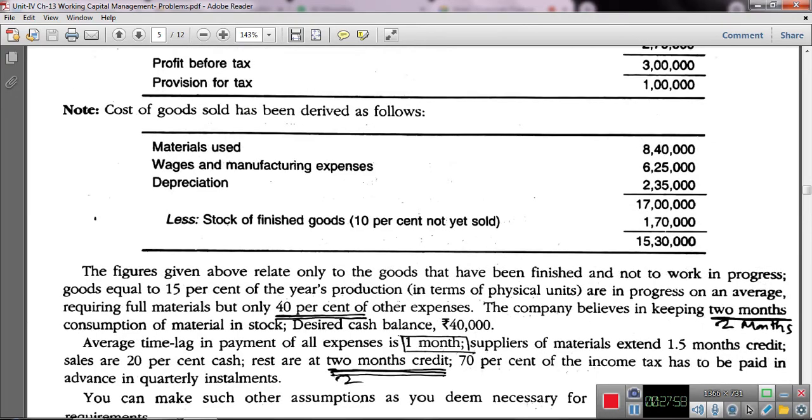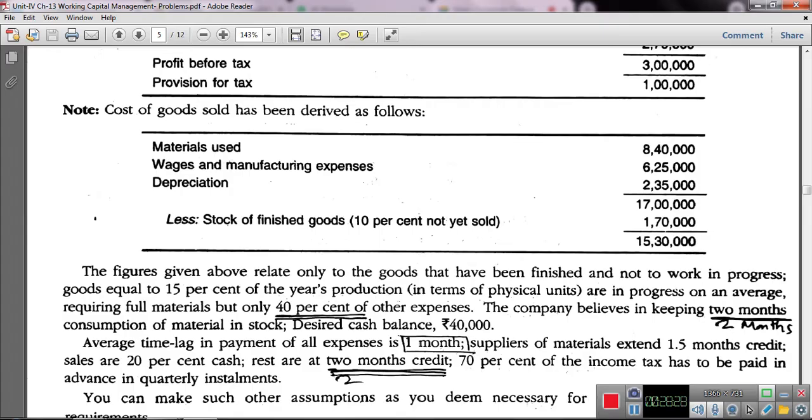Now please pay attention. Let me continue. We are now estimating the amount required to invest in stock of finished goods. Where does 1,70,000 come from? 1,70,000, 10% not yet sold. The 10% depreciation means 10% of 2,35,000 rupees, which is 23,500.